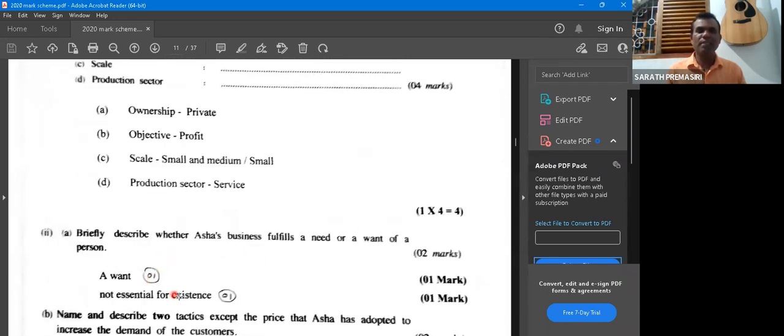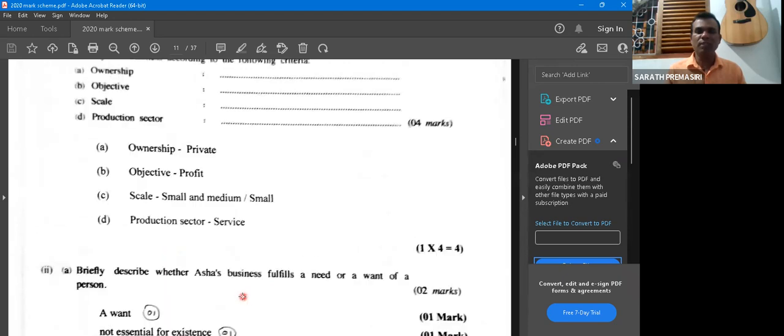It is not essential for existence. So it is a want. Then you can explain what a want is, or some characteristics of wants.